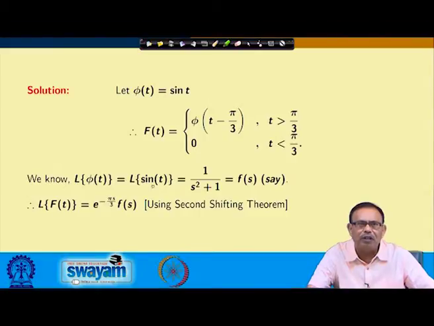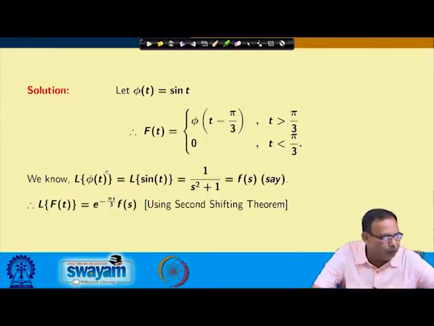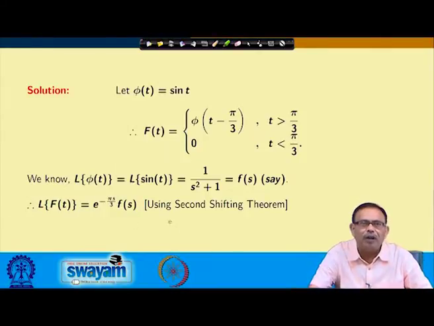Without going into details, the Laplace transform of sin t is 1 by s square plus 1, and from here the Laplace transform of f(t) equals e power minus pi s by 3 into F(s) using the second shifting property. Now F(s) equals 1 by s square plus 1, so the Laplace transform of the function is e power minus pi s by 3 into 1 by s square plus 1.